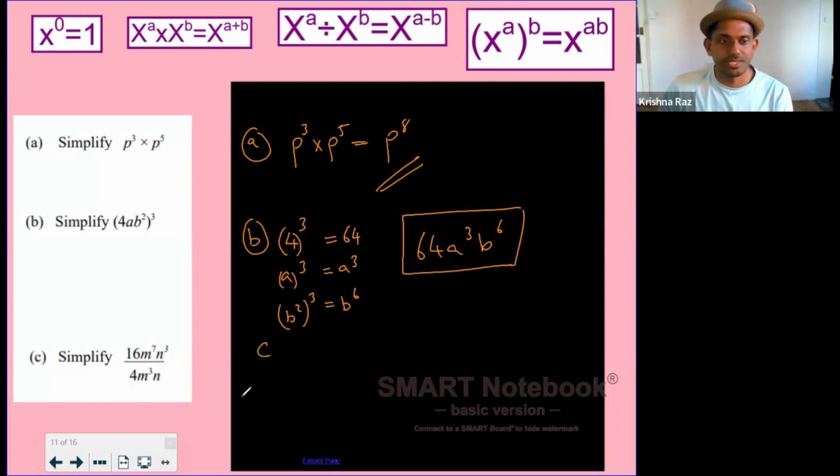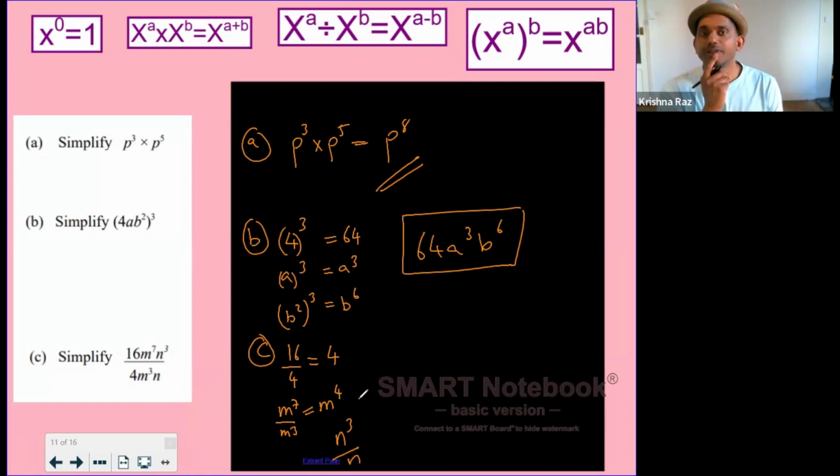And for C, again, we're going to do each bit separately. We have 16 divided by 4. We have m to the power of 7 divided by m to the power of 3. And we have n cubed divided by n. Well, 64 divided by 4 is 4. 7 take 3 is 4, so that will be m to the power of 4. And an n on its own would be to the power of what?